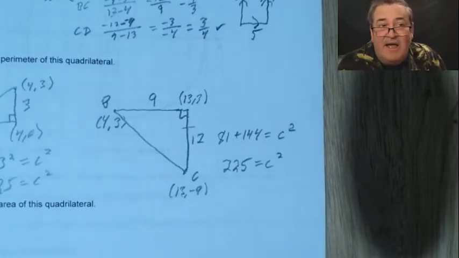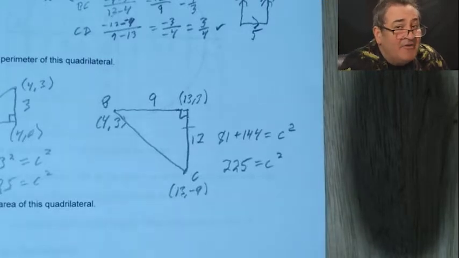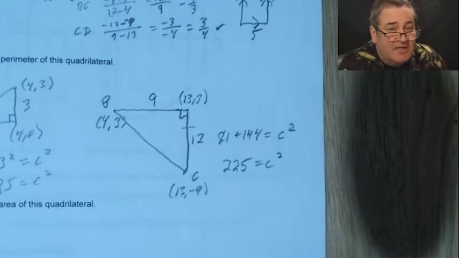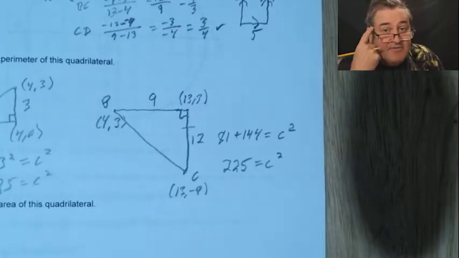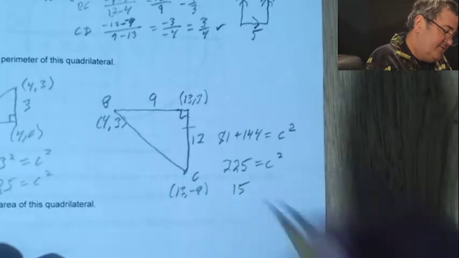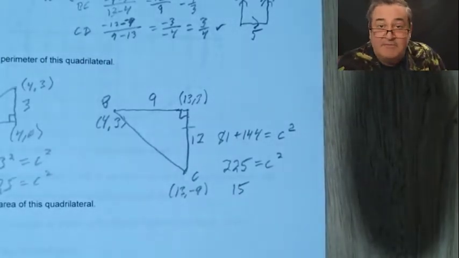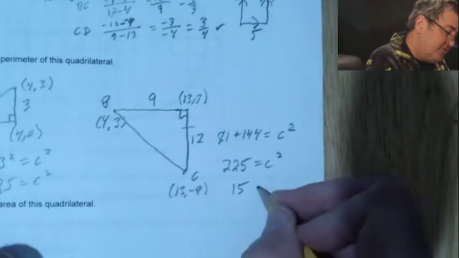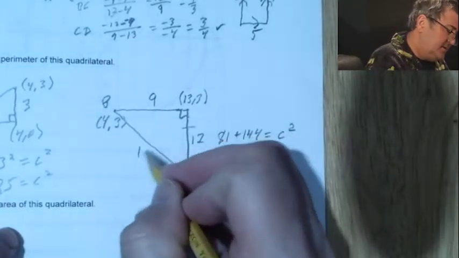Well, it ends in a 5. So it's got to have a 5 in the answer, because there's not another number that would get us to a 5 unless it has a 5. And since we're doing the same number times itself, 15 works. 15 times 15 is 225. Negative 15 also, but this is a length, so we're going to throw that answer out. So this is a length of 15.